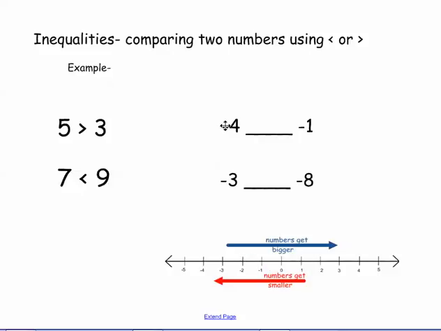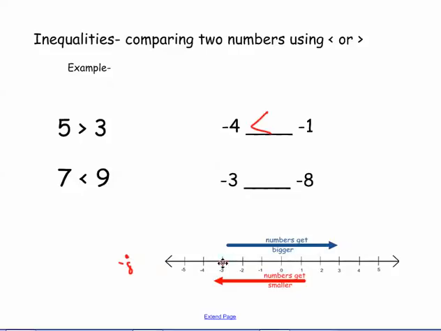So -4 and -1. If -4 is here, and -1 is here, is -4 less than or greater than? Remember, it is a smaller number, so it is less than. I'm going to do the next one. -3 and -8. So -3 is here, and -8 is going to be way over here.